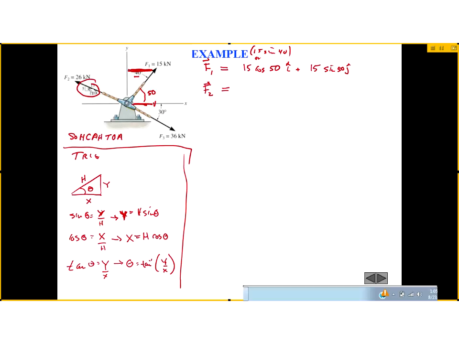Let's blow this up. If you're thinking about this as theta, what is the cosine of theta? 12 over 13, right? It's the adjacent over the hypotenuse.